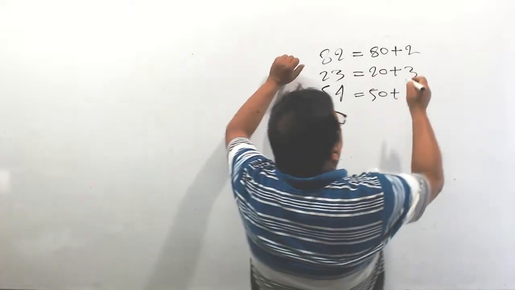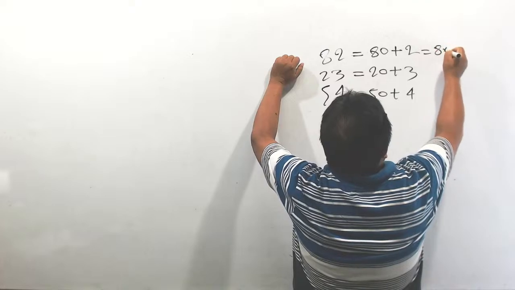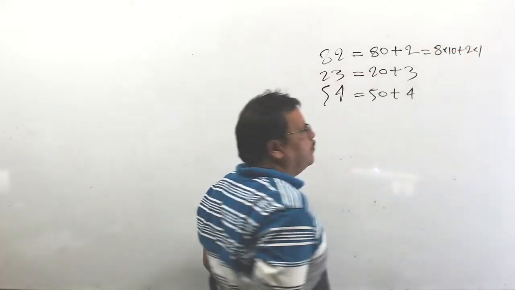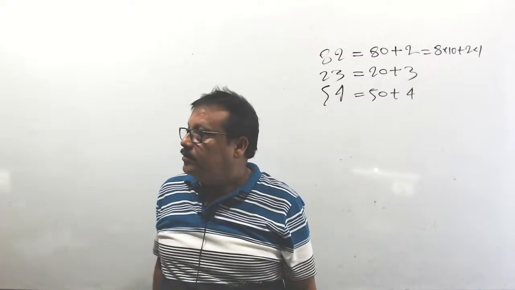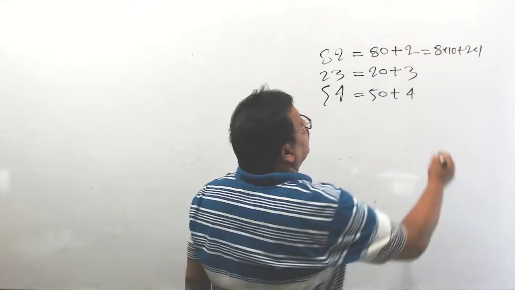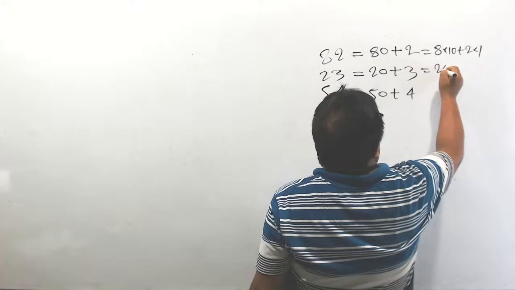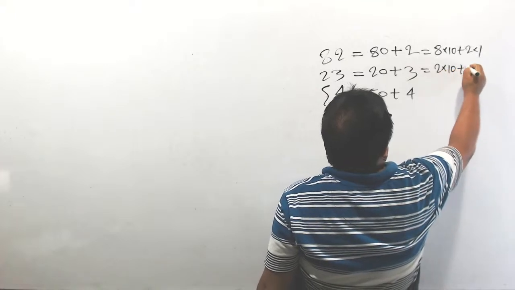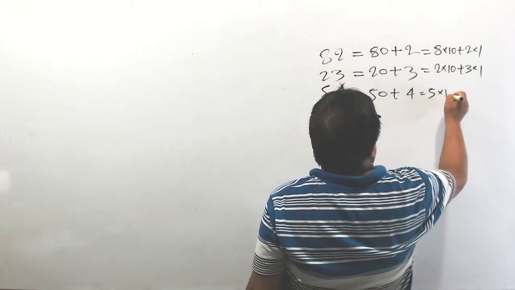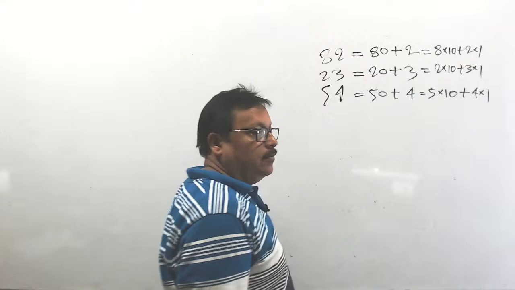Now 80 plus 2 means 8 into 10 plus 2 into 1. That means 2 into 10 plus 3 into 1, here 5 into 10 plus 4 into 1. This way you can write.